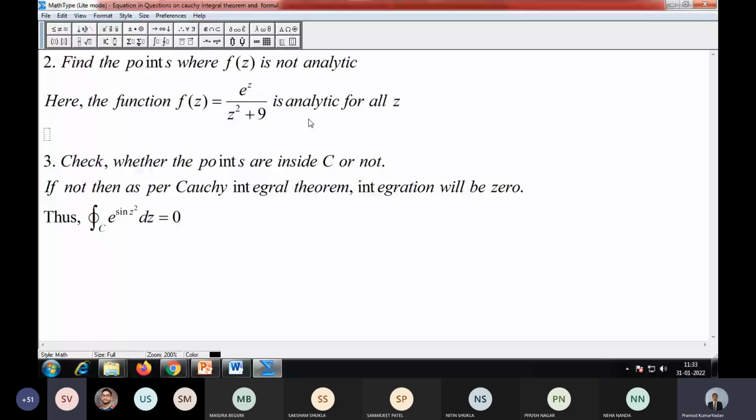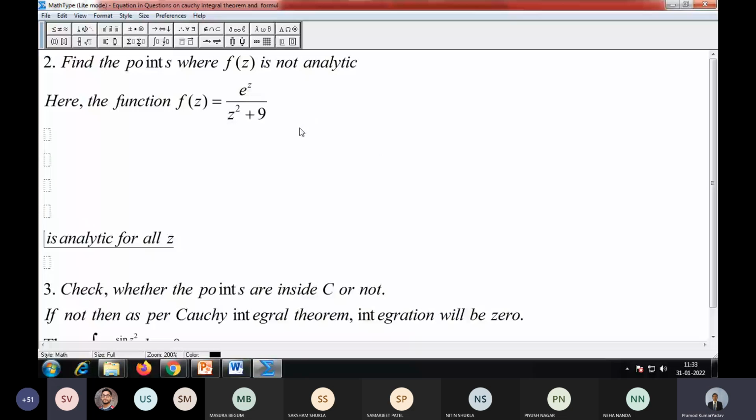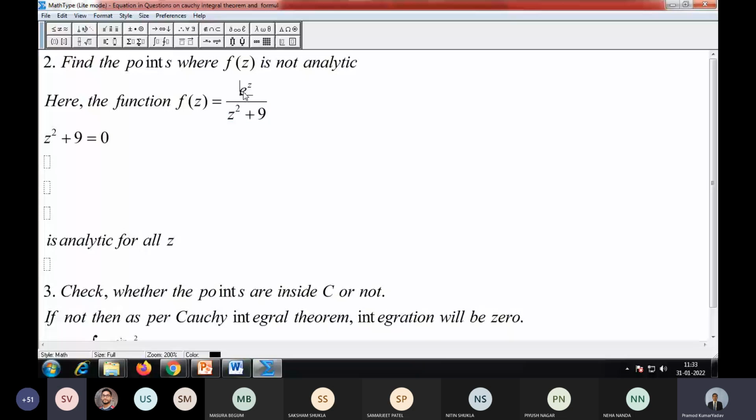In order to find the points where the function is not analytic, generally you equate the denominator to 0, because e to the power z is always analytic and a polynomial is also analytic. So numerator and denominator both are analytic everywhere.